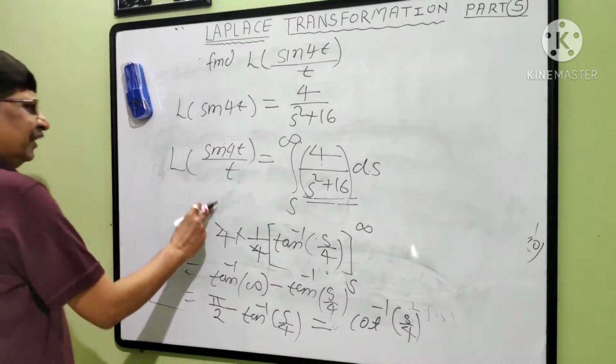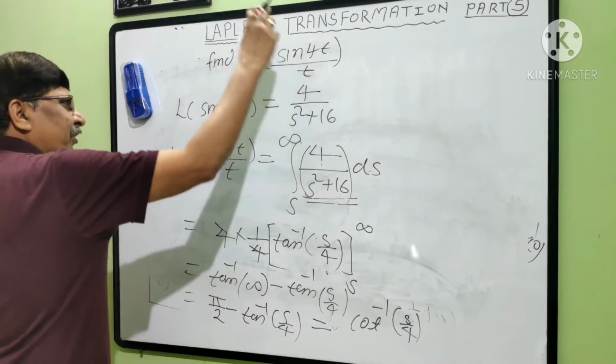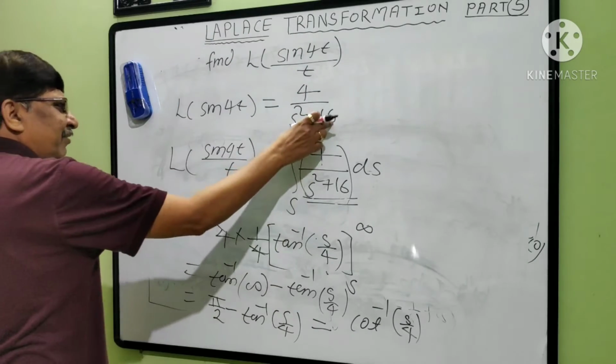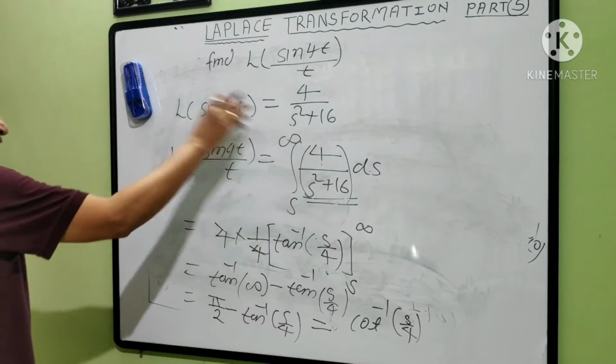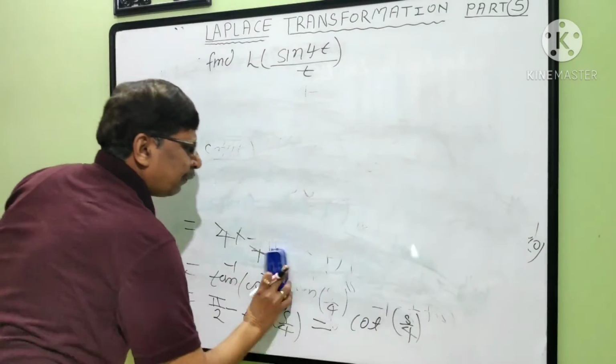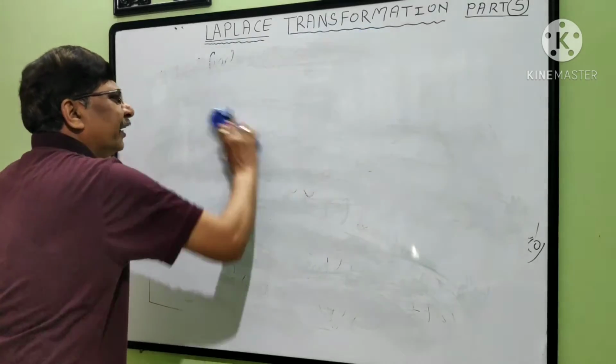Similarly, if upon t is there, you have to find the integration of this f of s. You know the Laplace transformation of sin 4t is this, and if upon t is there, you will get this. In this way, you can find the Laplace transformation of integration also, means upon t also.